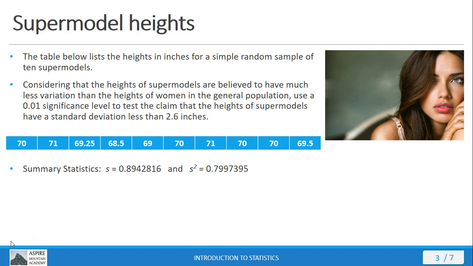So we're going to use a smaller significance level so we can pick up smaller variation in our test. And the heights of the supermodels are claimed to have a standard deviation less than 2.6 inches. So there's our problem. Let's go ahead and test this claim with our hypothesis testing method and see how this pans out.